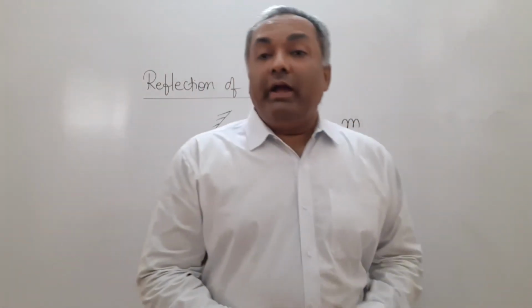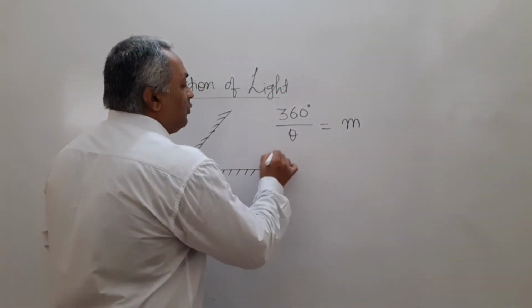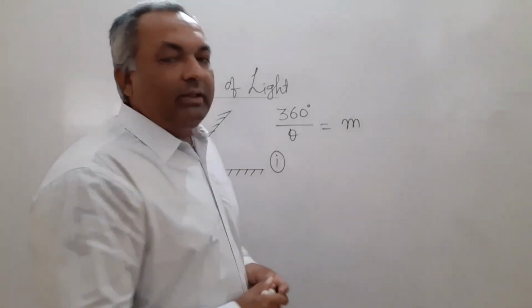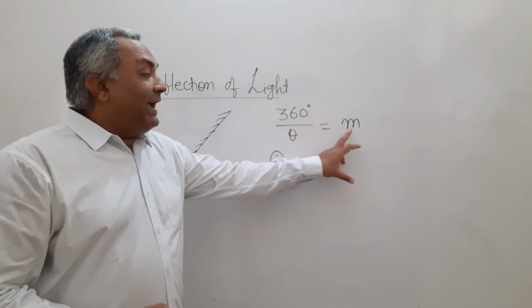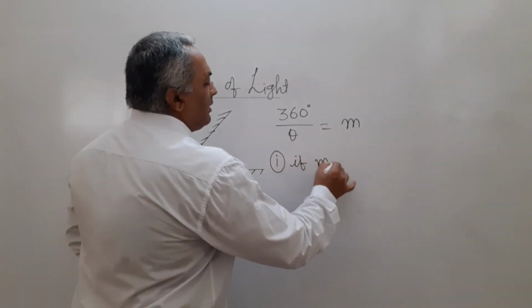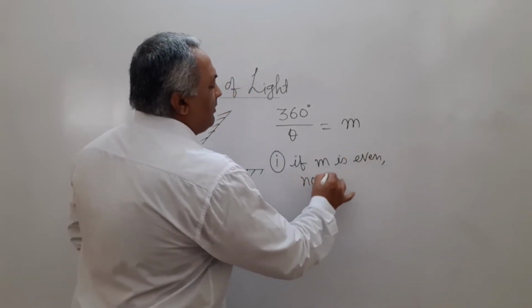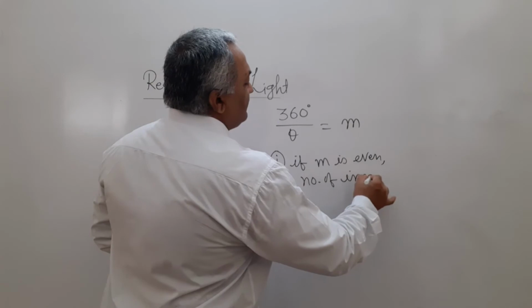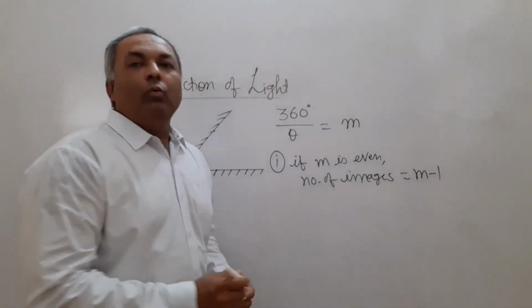Now if 360 upon theta is assumed to be equal to m, the first thing that we are going to see regarding the images, if this m here is even, then the number of images seen by me will be equal to m minus 1.